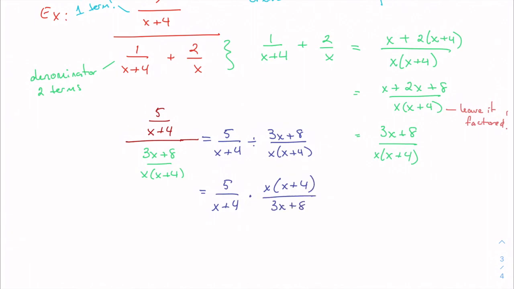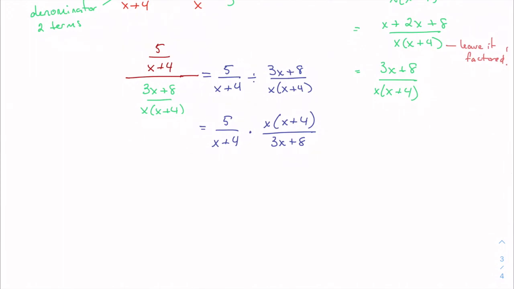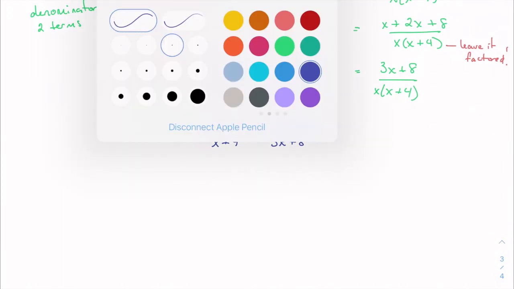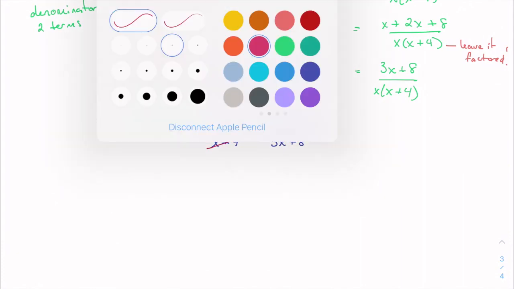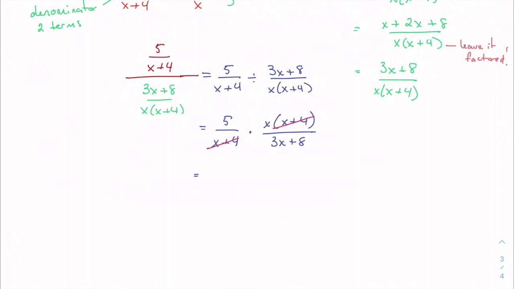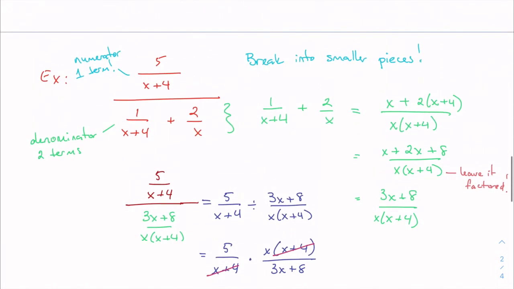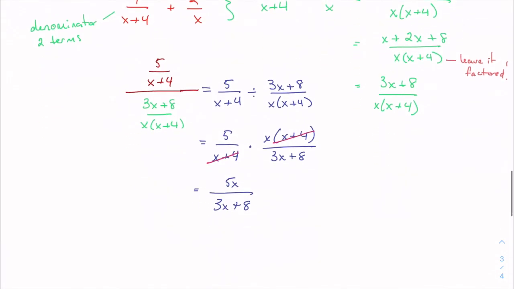We know that we can just turn division into multiplication, and our process just gets that much easier. I see I have two x plus 4s on opposite sides of the fraction, so I can cancel them out. There we go. And now I can multiply across. So I have 5x over 3x plus 8. And this really terrifying looking problem doesn't turn out to be so bad after all.